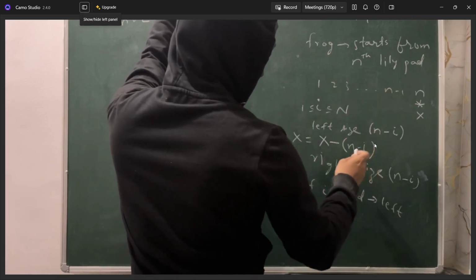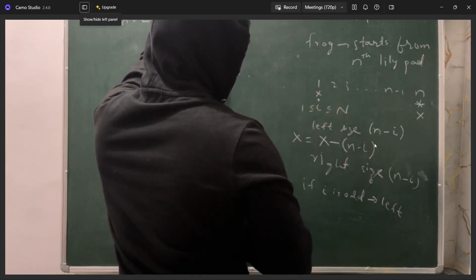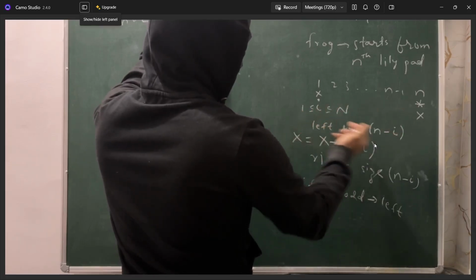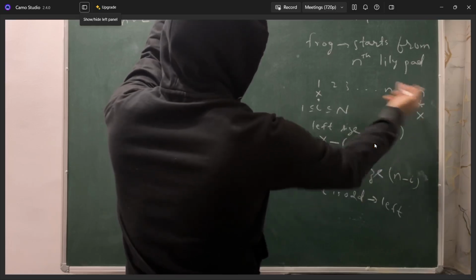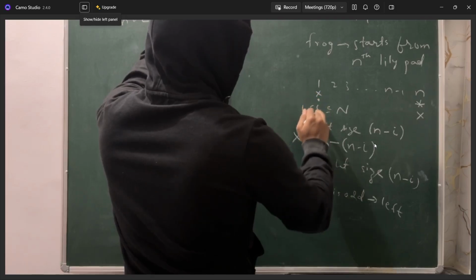Now let's consider the frog came to this position. Since i was 1, we moved n minus i, which is n minus 1 distance. In the second operation i will be 2, so he'll move n minus 2.